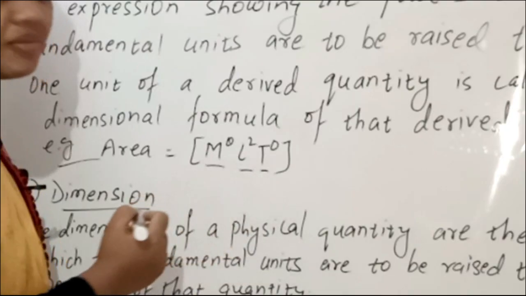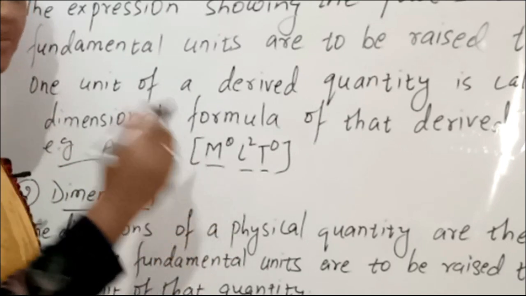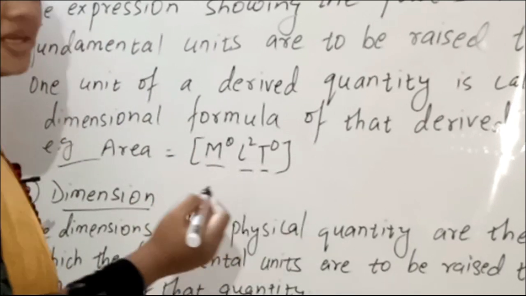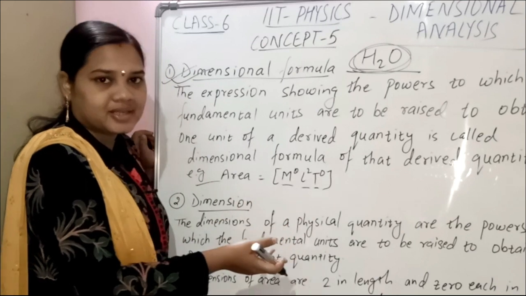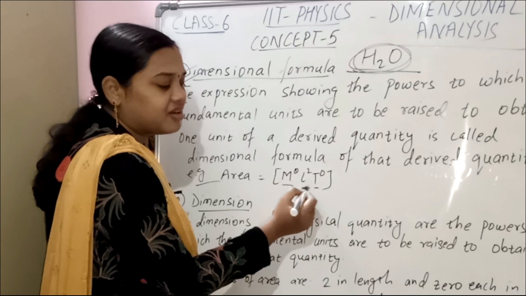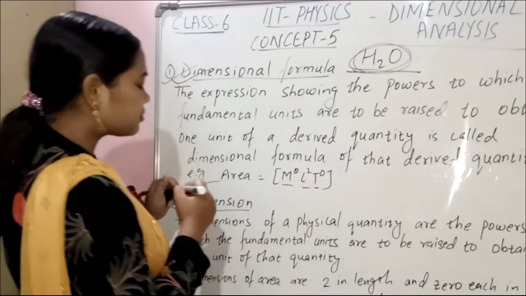Mass, length and time. We have 7 fundamental quantities and 2 supplementary quantities, but here you have to mention mainly 3: mass, length and time. The symbols to use are M for mass, L for length and T for time.